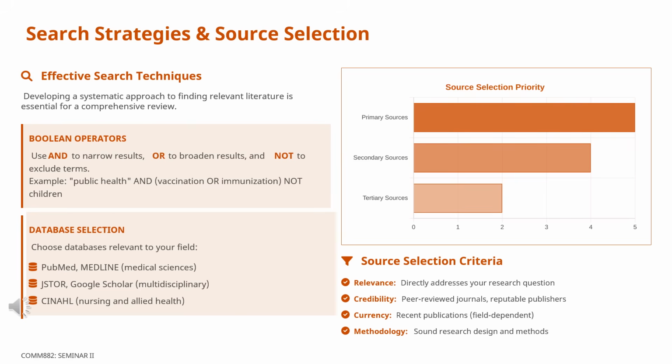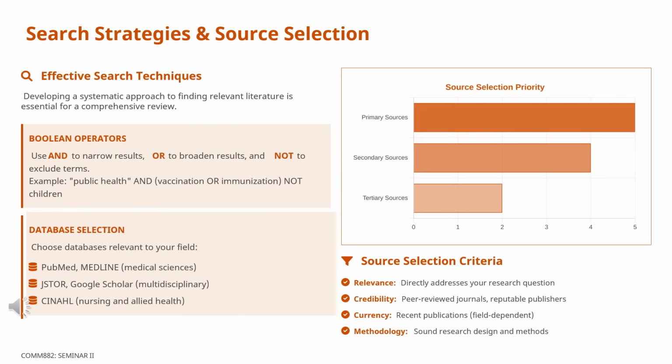It's also important to prioritize your sources as primary, secondary, and tertiary sources using the hierarchy of evidence. For instance, as your primary source, you could explore systematic reviews and randomized control trials.